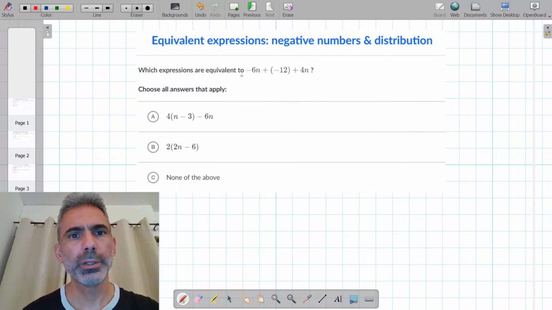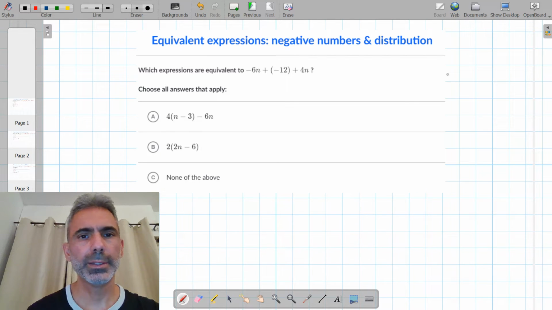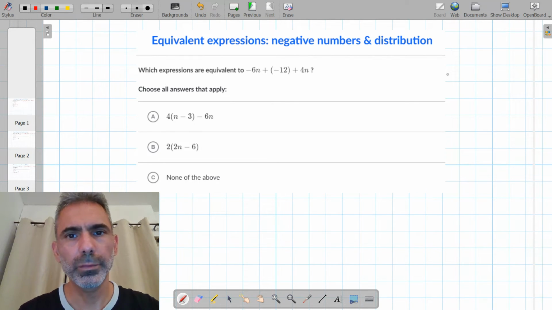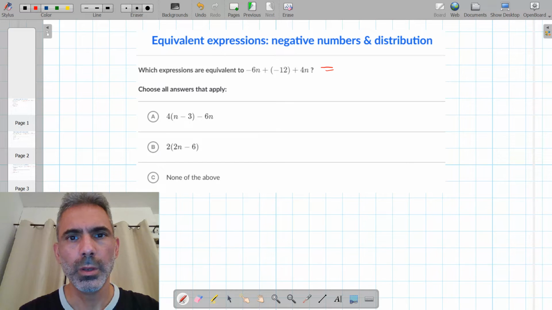Which expressions are equivalent to minus 6n plus negative 12 plus 4n? Okay, so we can combine these terms because they both involve n as a variable with a coefficient. Here we have a negative 6 and here a positive 4.